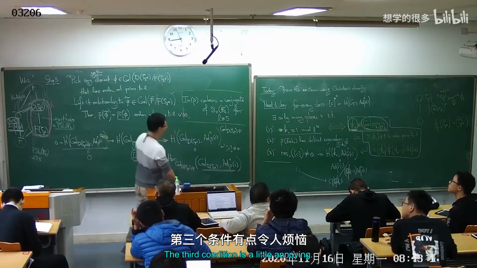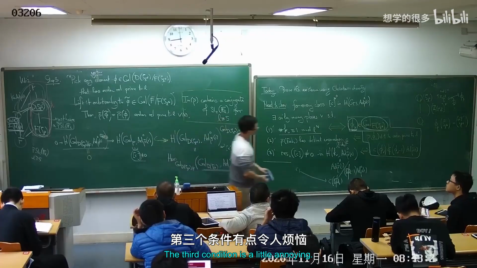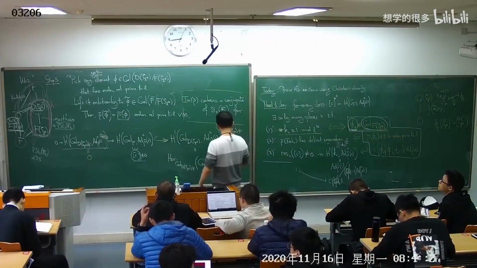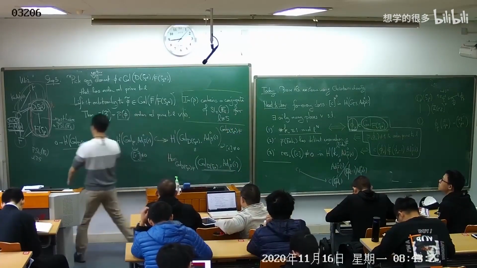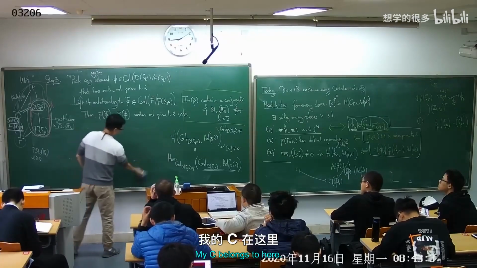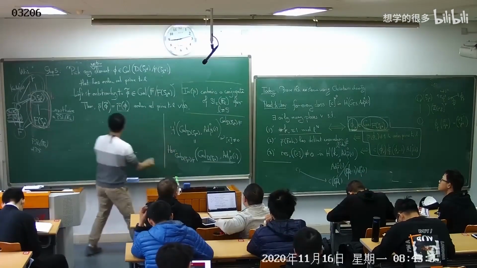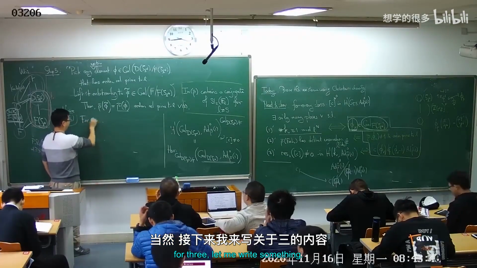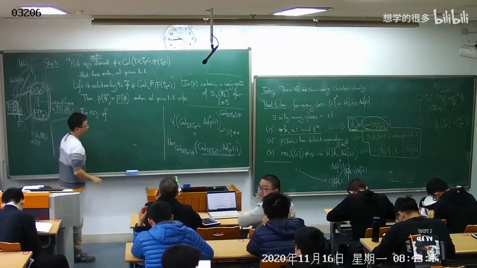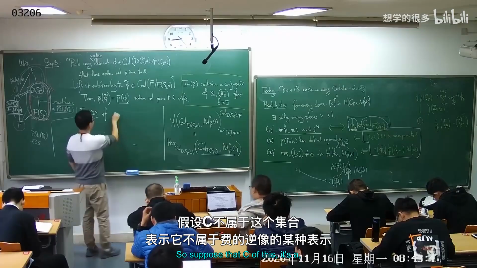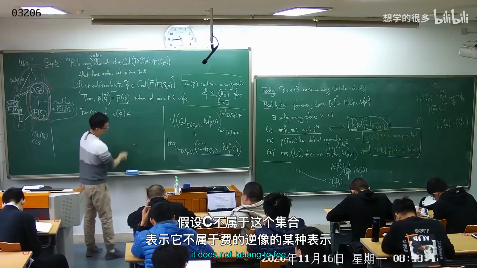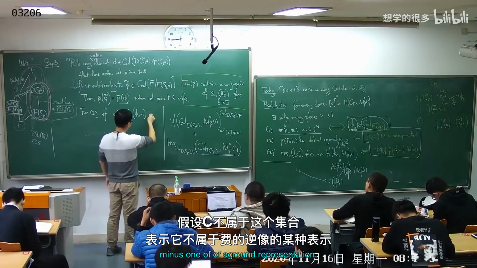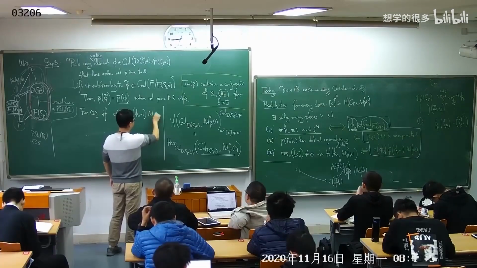The third condition is a little bit annoying. Let me leave that space; my C belongs to here, and I'm going to use this in a bit. So for 3, suppose that C of this phi tilde does not belong to (phi minus 1) of the adjoint representation.